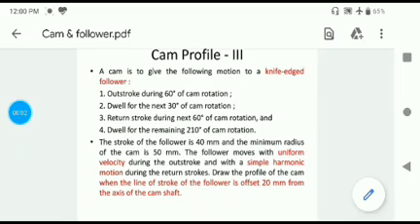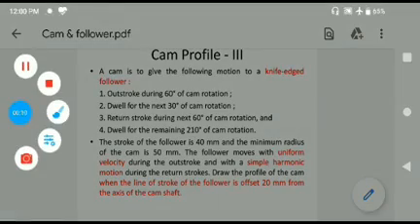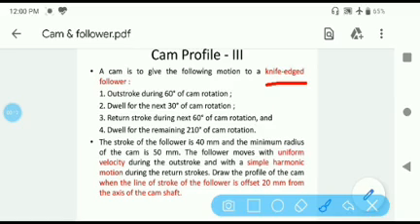When we read the question, you will understand that this is similar to what we had done before. Here the type of follower is a knife edge follower. The motion of the follower is the same, and the type of motion is also the same. That is, the outstroke is based on uniform velocity and the return stroke is based on simple harmonic motion.